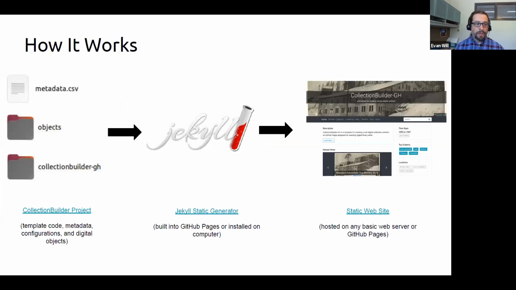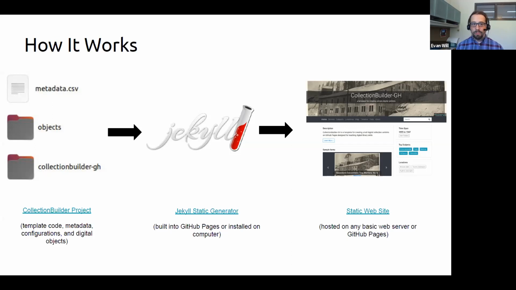So here's a bit more detail. First, you have your basic ingredients, which I've basically introduced to you already. You're going to add your metadata as a CSV into the project. You're going to have your digital objects, which might be hosted directly in that repository or might be somewhere else like a ContentDM. And you're going to have the template code, which is provided by Collection Builder.